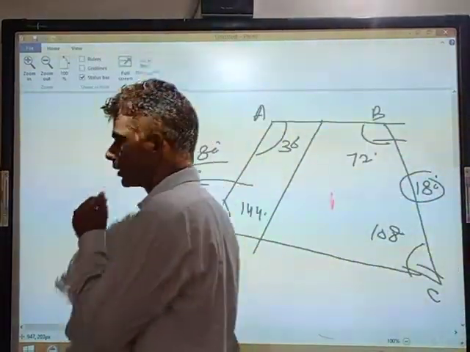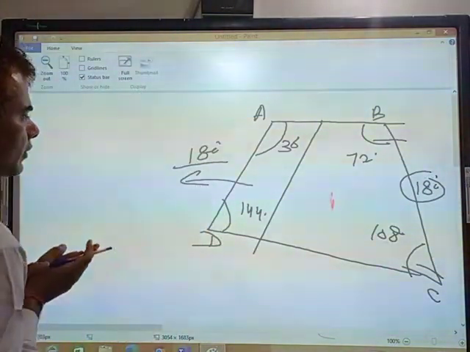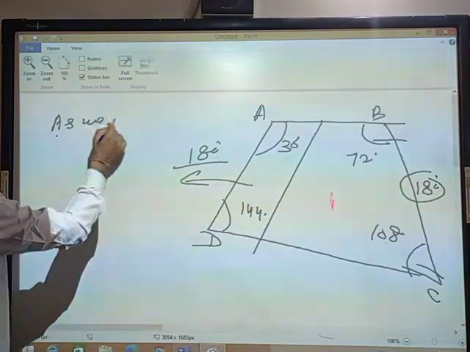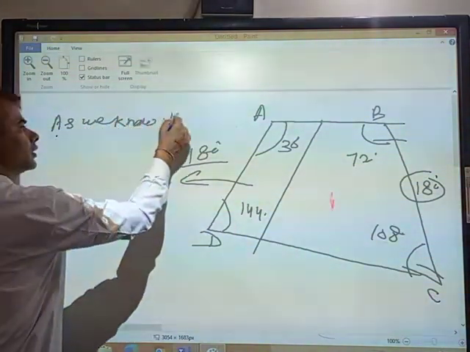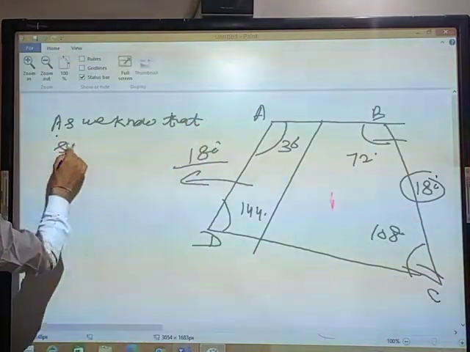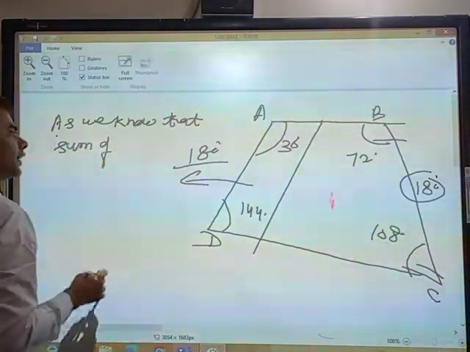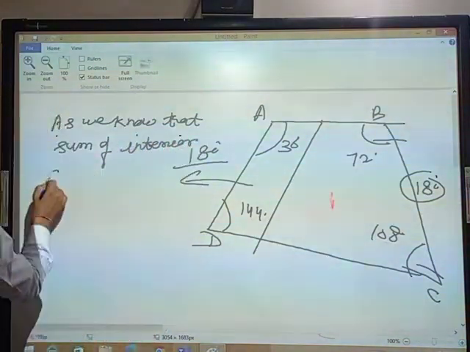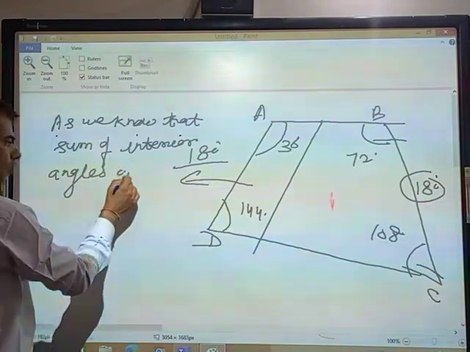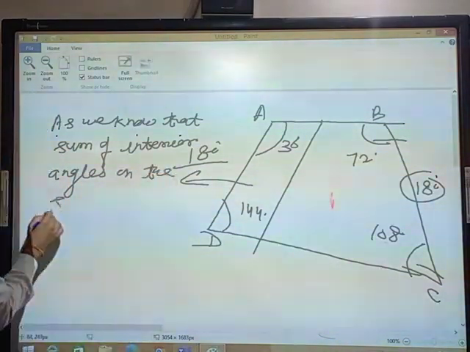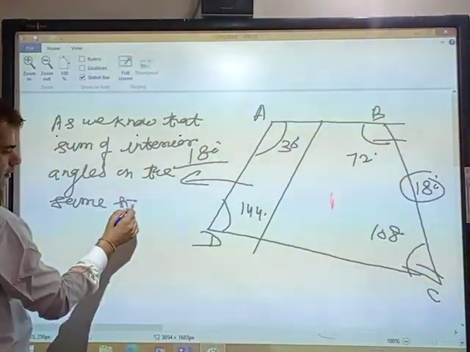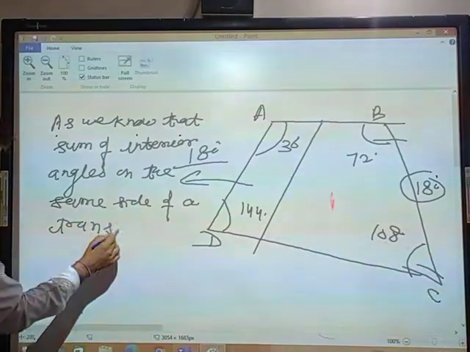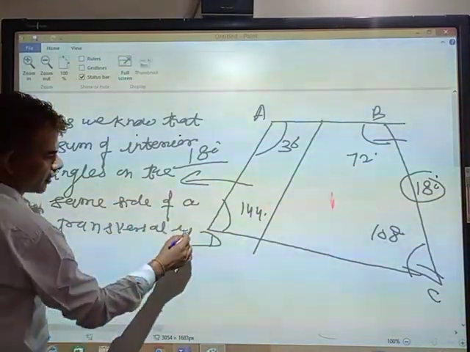And these are co-interior angles. As we know that the sum of interior angles on the same side of a transversal is supplementary.